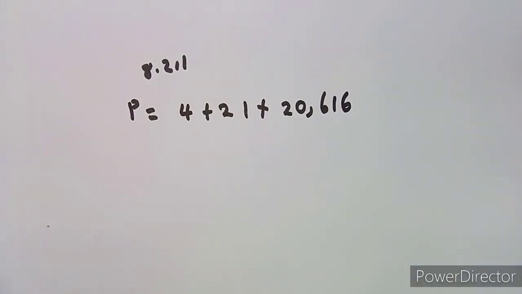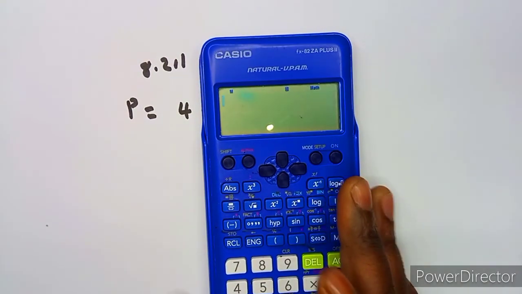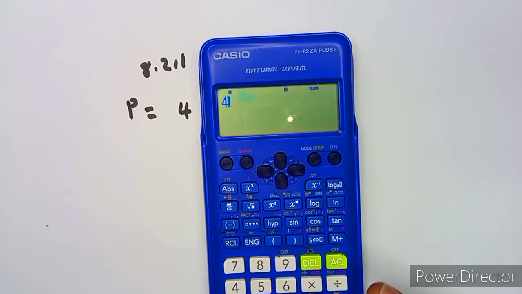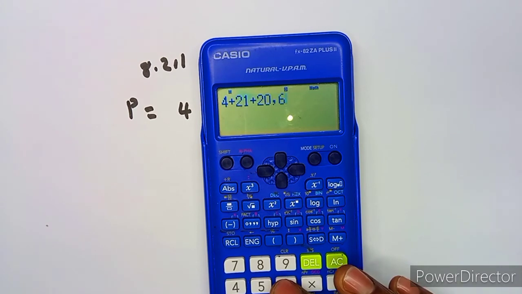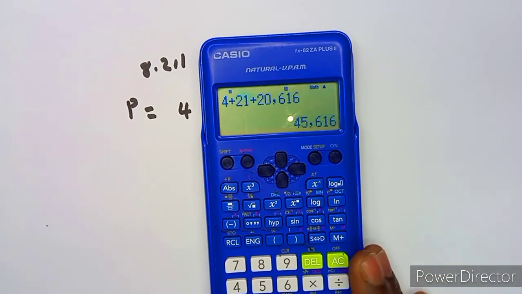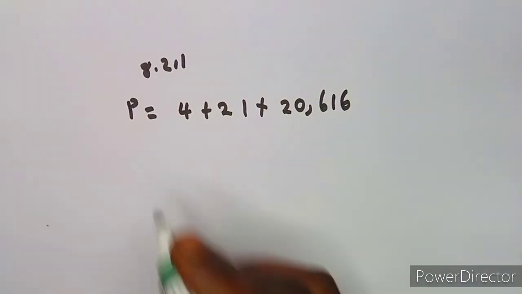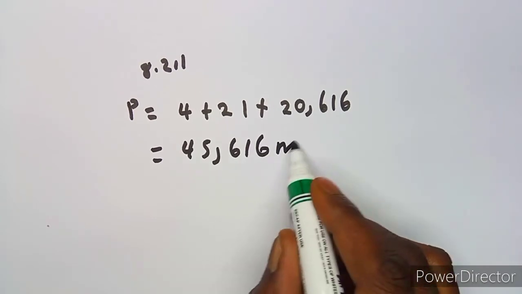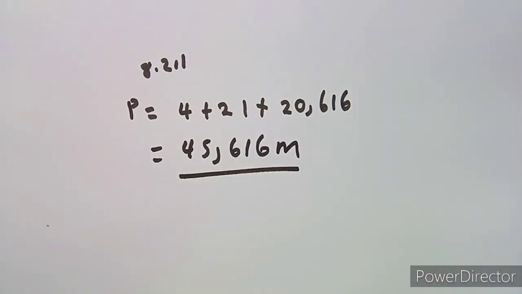So you add everything that is around there. That is going to give us, as a decimal, 45,616. So this one is going to give us 45,616 in meters. So for perimeter, you add.